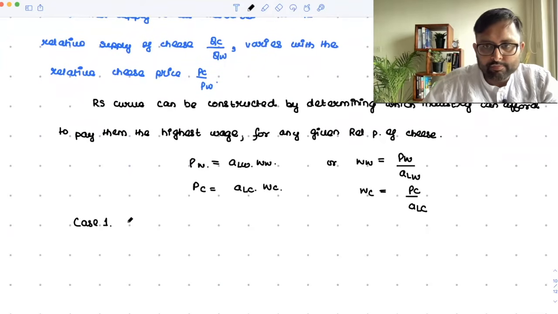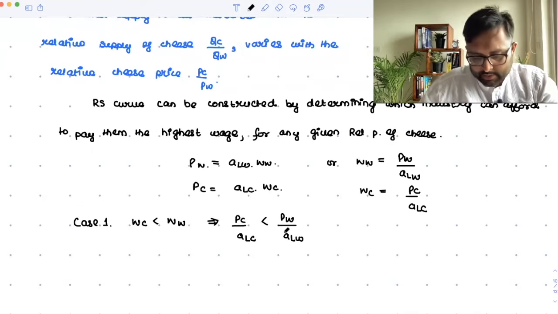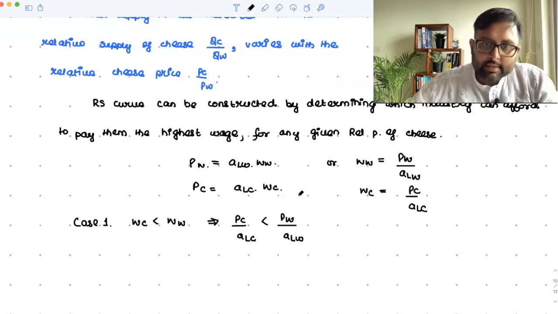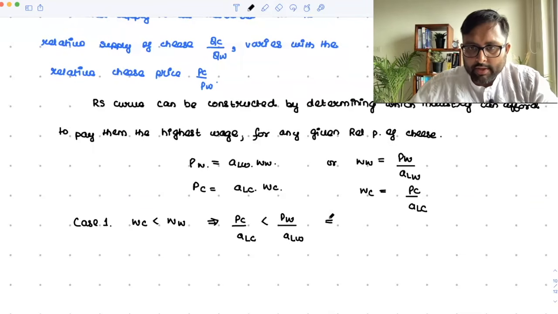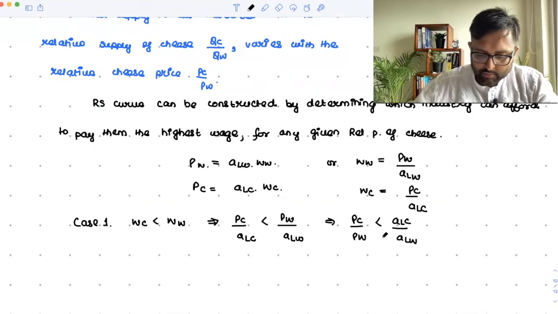Let's write case 1. If WC is less than WW, then PC upon ALC is less than PW upon ALW. You can also write this as PC upon PW is less than ALC upon ALW.